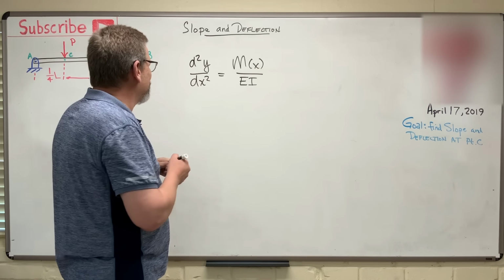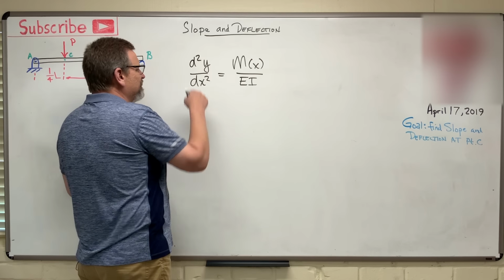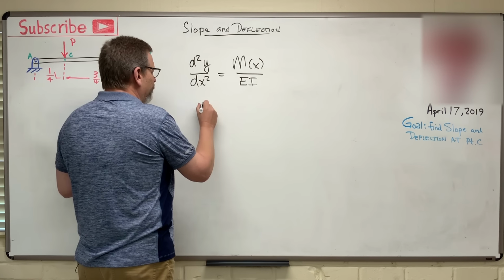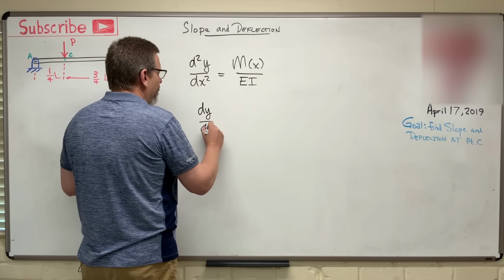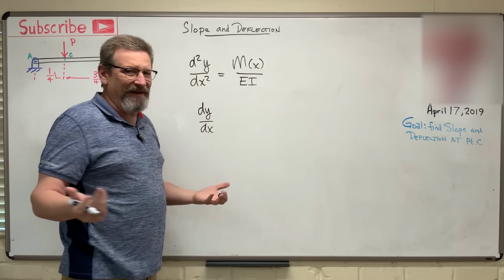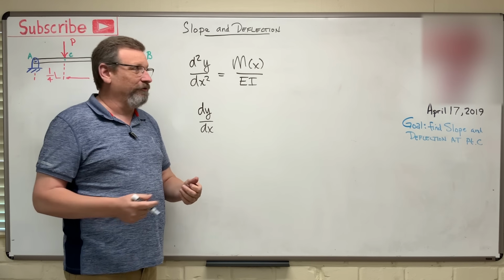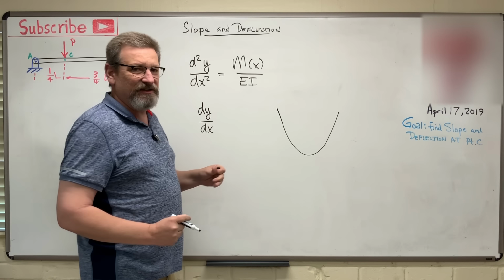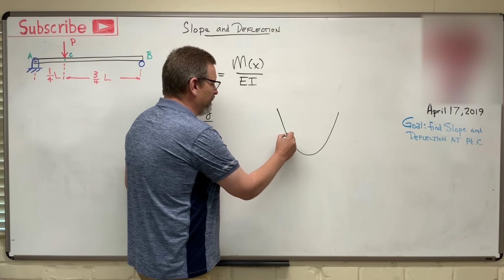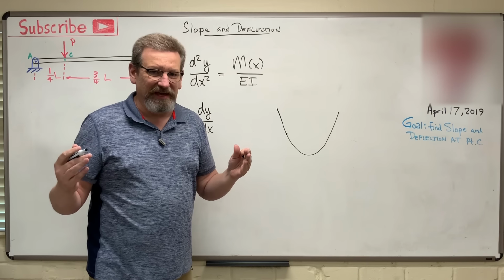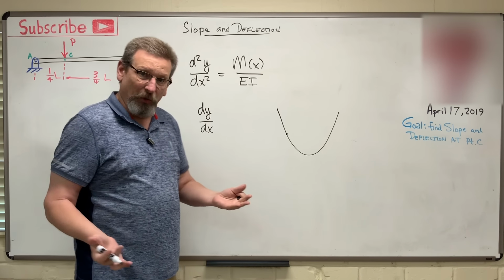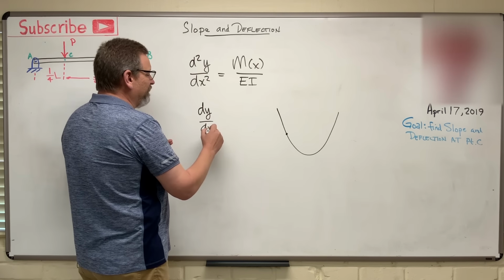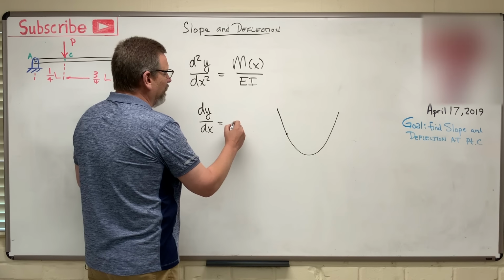And it makes kind of sense, doesn't it? Because if you take this and you integrate it, you just get this. Do you remember back in calculus, if you had a curve, like a parabolic curve, and you take the derivative of the function at any point, what do you get? You got the slope of that point. So the derivative is slope.